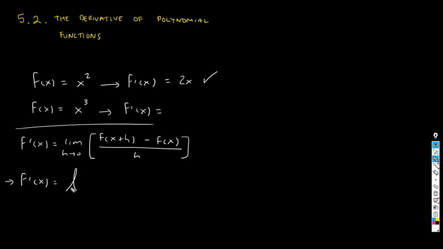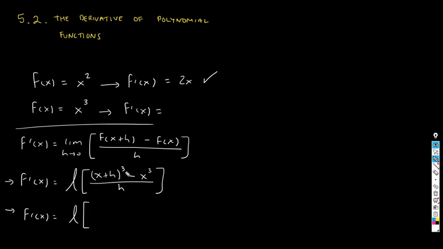So this long L represents the limit as h goes to 0 of f of x plus h, and that's going to be x plus h to the cube, because now my function is x to the cube, minus f of x, which is x to the cube, over h. Then the derivative of the function is equal to the limit as h goes to 0 of all of this.